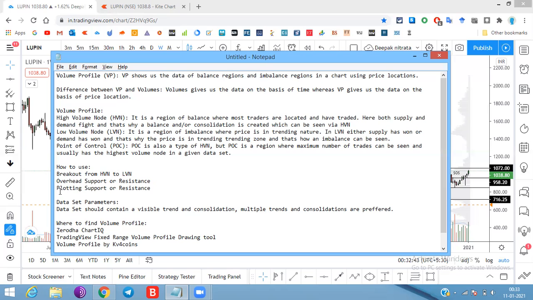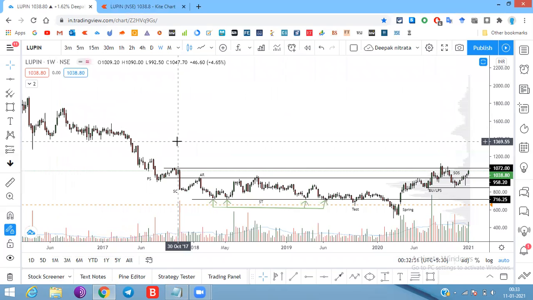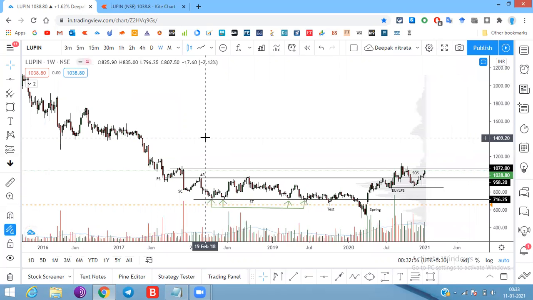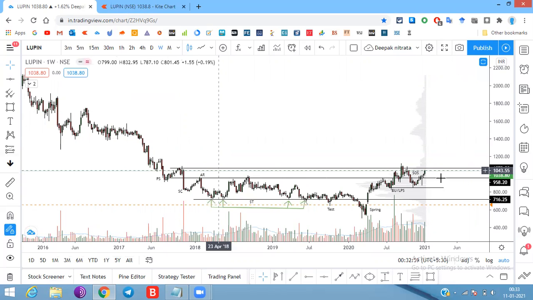So if you get a sufficient data set, for example, just now I took this much data for Lupin, and I think this much data is sufficient for me, in which I can see a trend and I can see a consolidation phase.